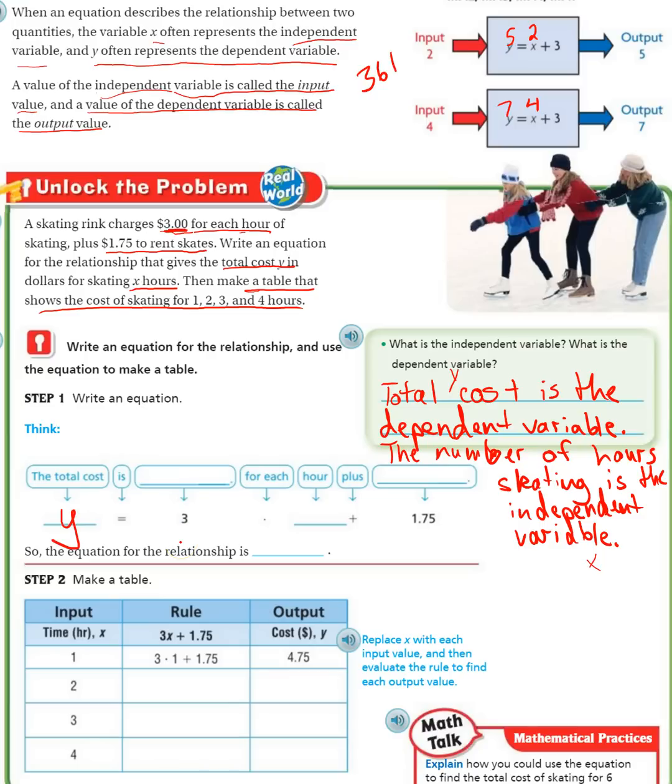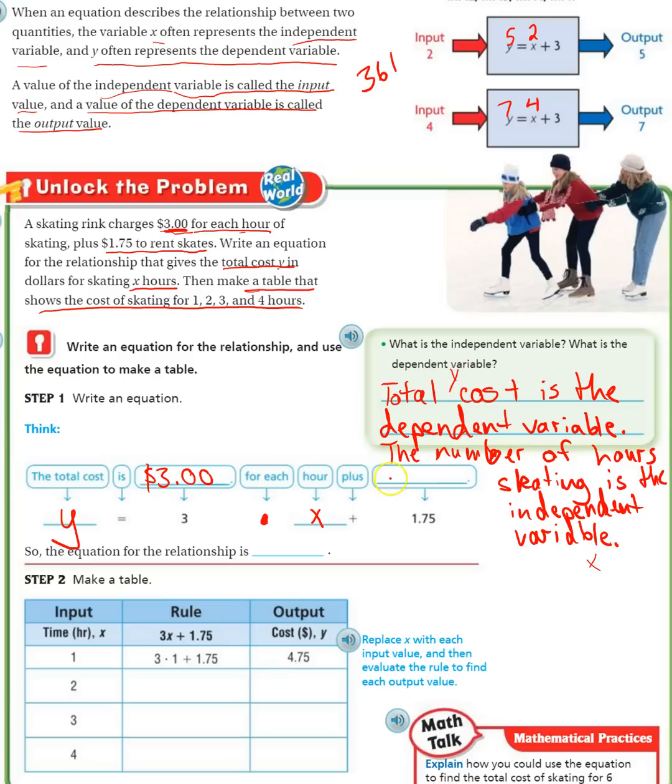is $3 for each, so for each, that means we're going to multiply. This is just another symbol for multiplication. X, which we don't know, depends on how long we do it for.